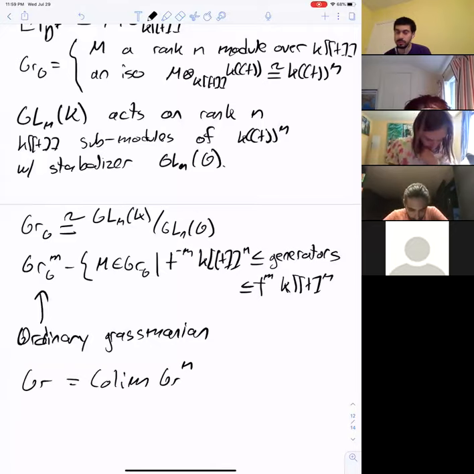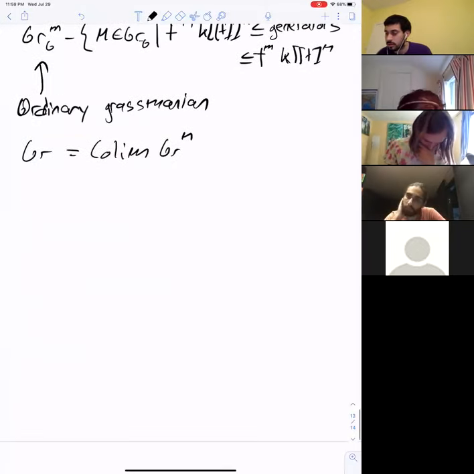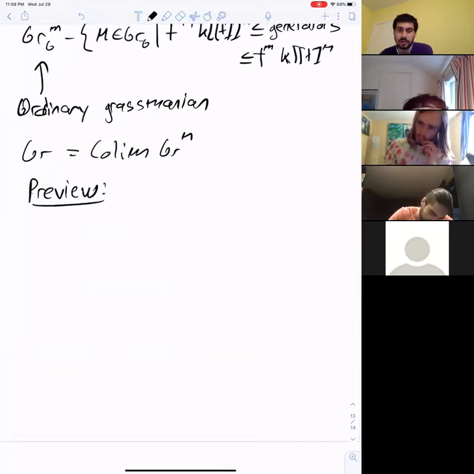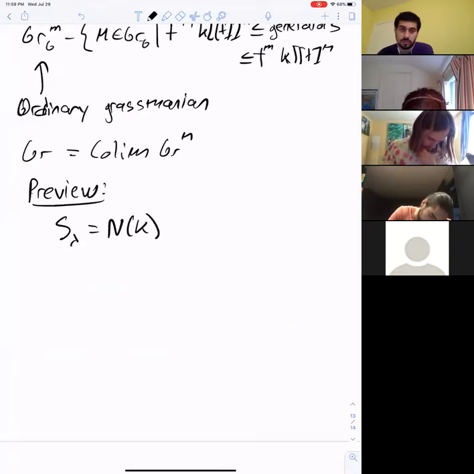I had one last thing I was planning to talk about, but we can just push that to tomorrow, or maybe I'll do a sort of preview. Tomorrow we're going to put another stratification on the affine Grassmannian where we let S_lambda equal N(K)·T^lambda, where N is the unipotent radical.